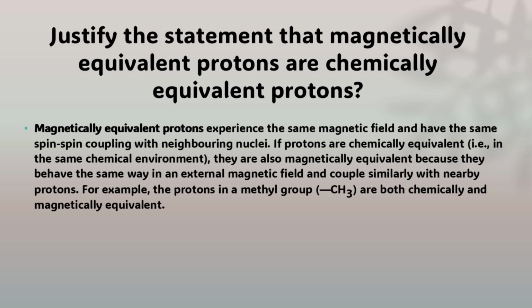If protons are chemically equivalent, i.e., in the same chemical environment, they are also magnetically equivalent because they behave the same way in an external magnetic field and couple similarly with nearby protons. For example, the protons in a methyl group, CH3, are both chemically and magnetically equivalent.